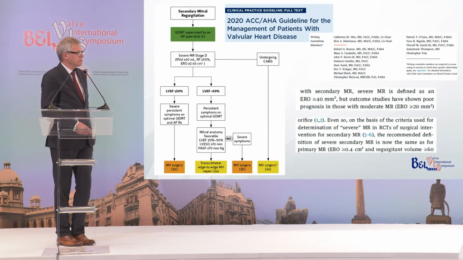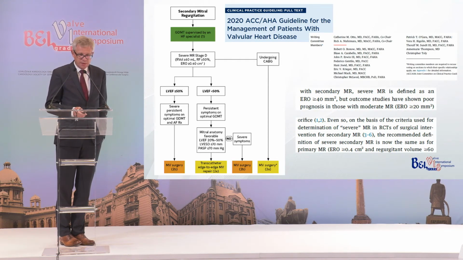I remind you that in the European guidelines of 2012, we were operating even on moderate mitral regurgitation by European definition, which would be an ERO of around 0.1 or something like that. Then we moved towards only severe, which was around 0.2.